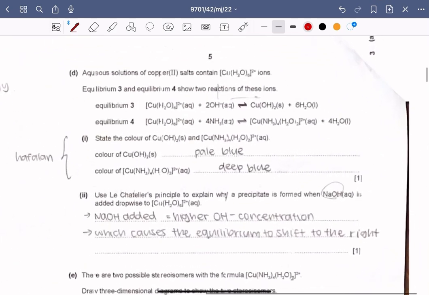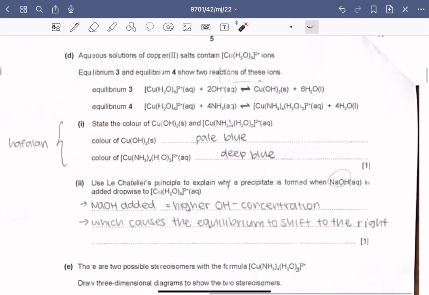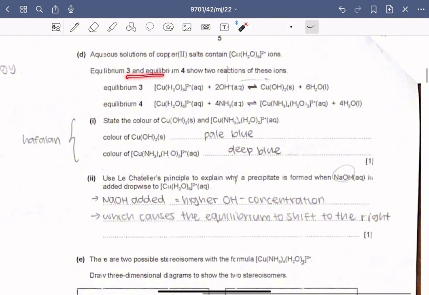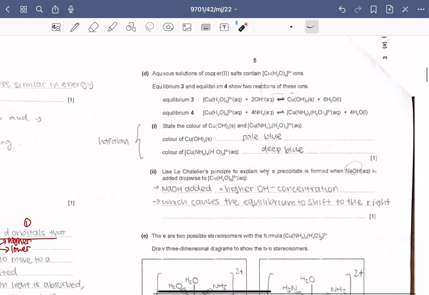So D, aqueous solutions of copper salts contain [Cu(H2O)6]2+ ions. Equilibrium 3 and equilibrium 4 show the two reactions of these ions. State the color of Cu(OH)2(s) and [Cu(NH3)4(H2O)2]2+. This is actually memorization.